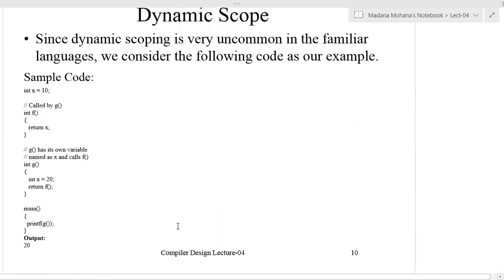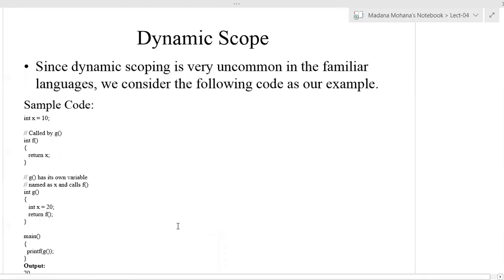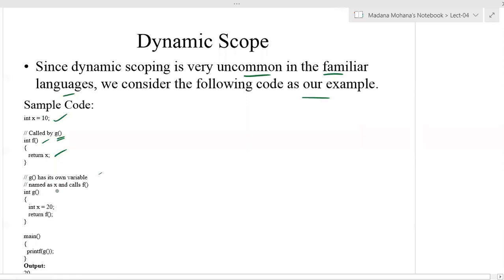Now let us see one example. Since dynamic scoping is very uncommon in familiar languages, we consider the following code as our example. The sample code: int x equal to 10, called by function G. Then you define a function f, which returns the value of x. Then G has its own variable named x and calls f.